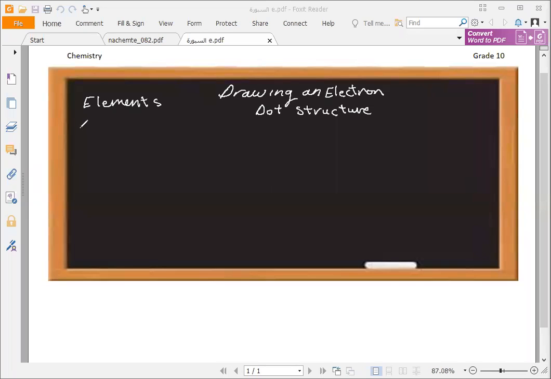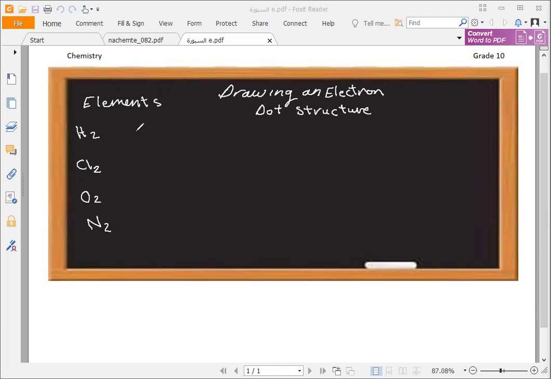For example, for hydrogen, for chlorine, or chlorine gas, or oxygen, or nitrogen. Okay?